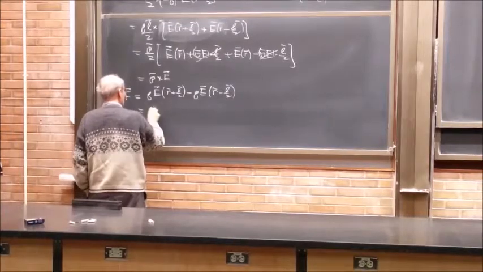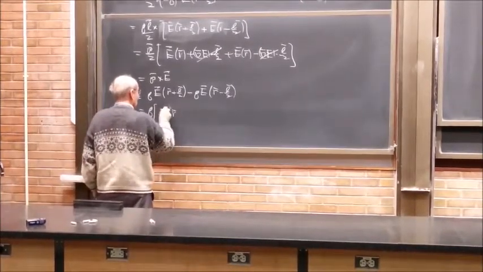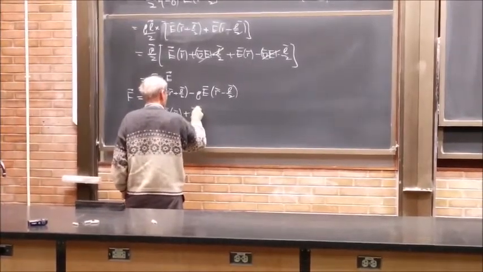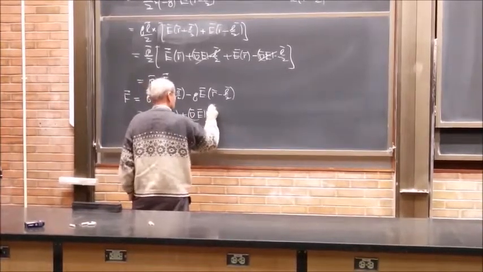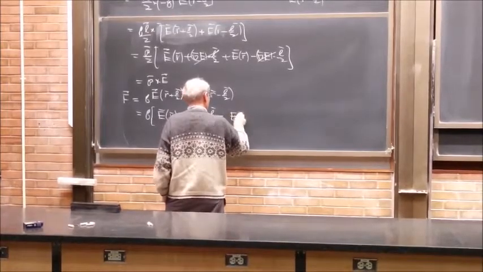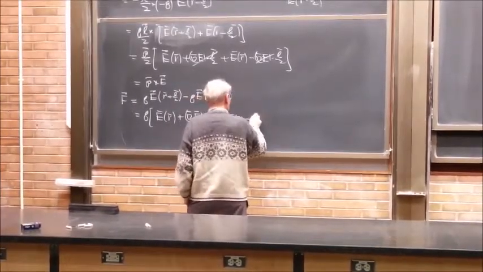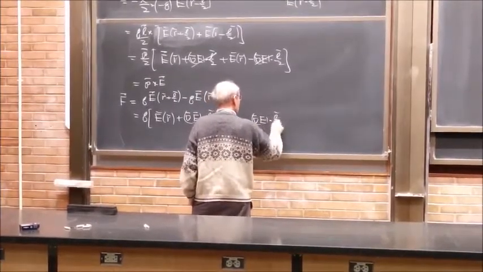So you had Q times E of R plus grad E dotted into L over 2, minus E of R minus grad E dot L over 2.